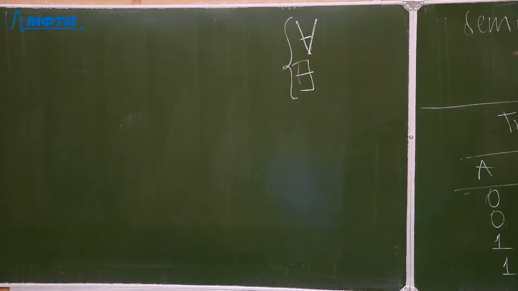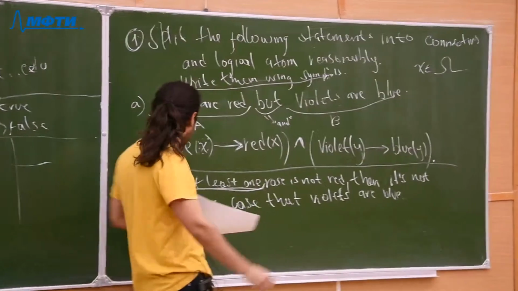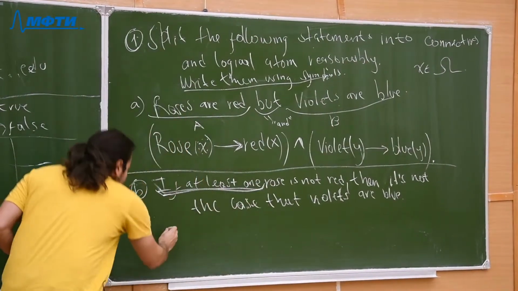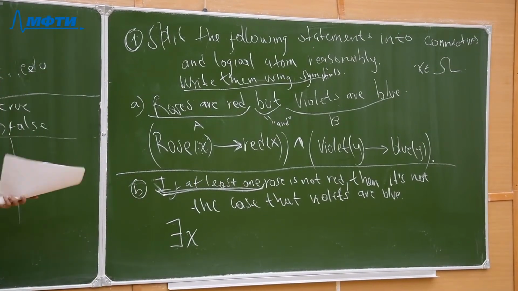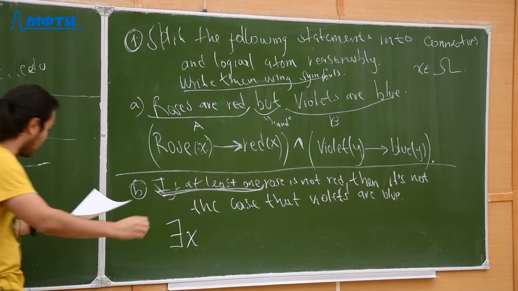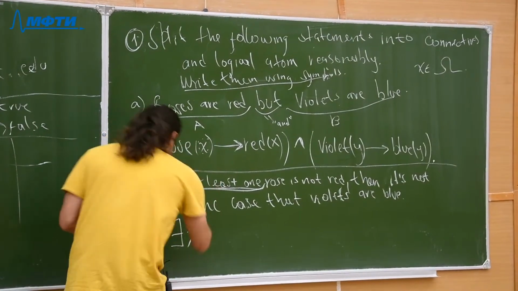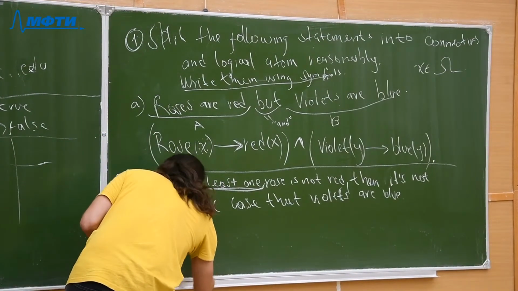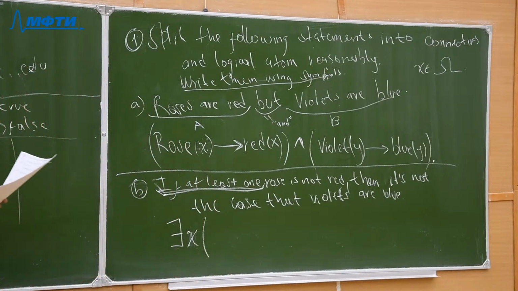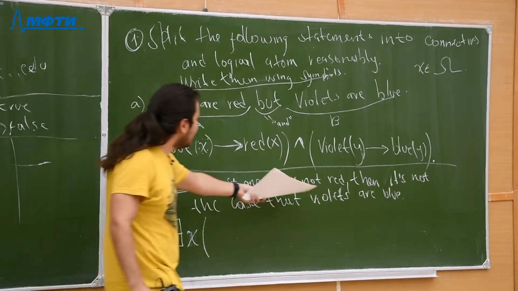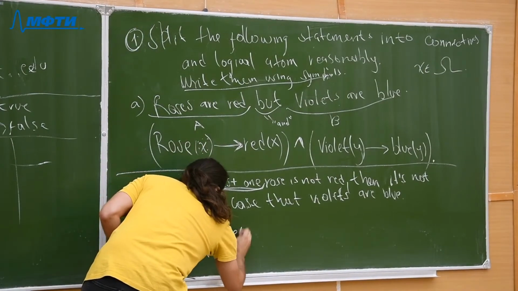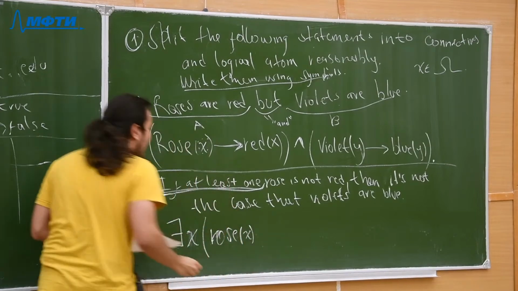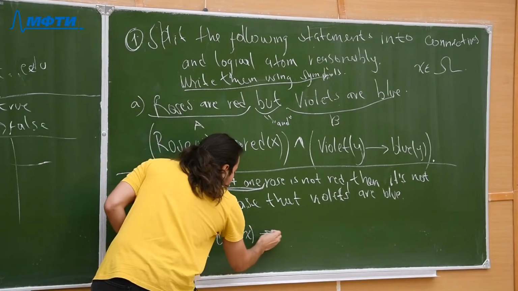So in this case, if at least one rose, so if there exists x such that the rose is not red, how do you say is not red?